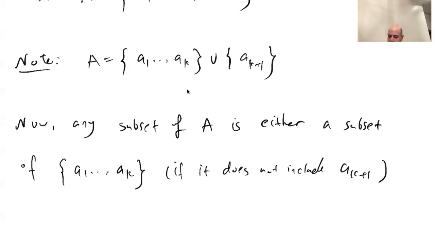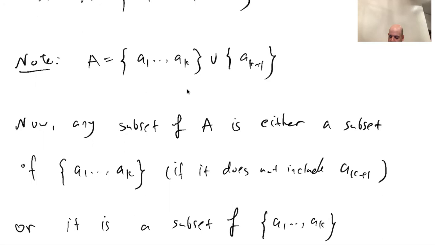So it is either a subset of this, or it is a subset of A1 to AK union AK plus 1.